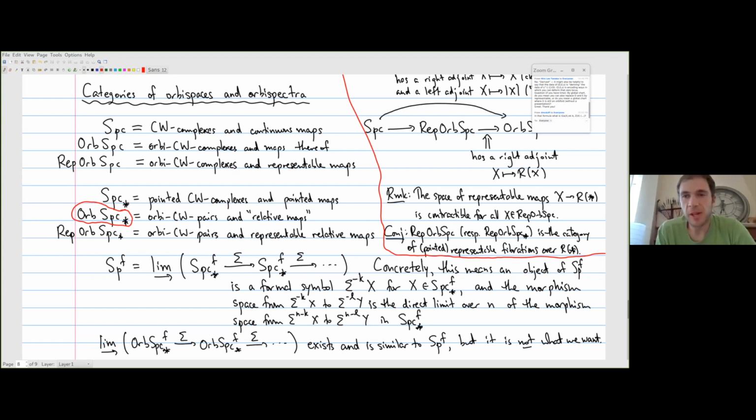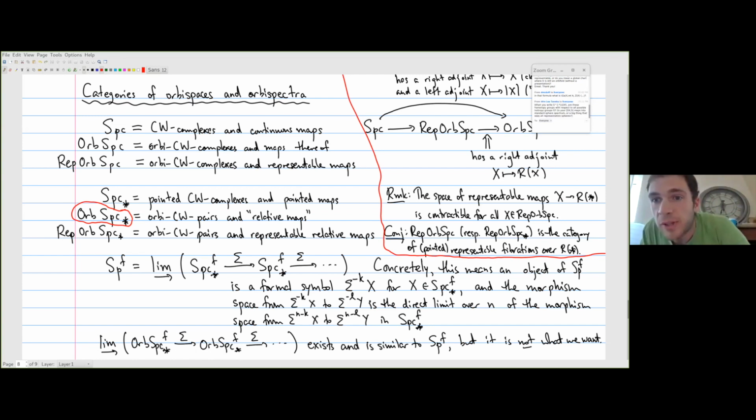You cannot desuspend by all vector bundles. This is a very, very familiar thing in equivariant homotopy theory. When you form equivariant spectra, you don't want to stabilize just with respect to trivial G representations. You want to stabilize with respect to all G representations.